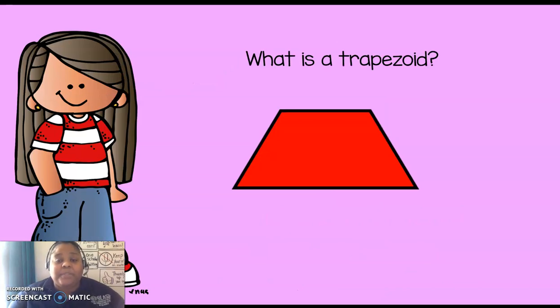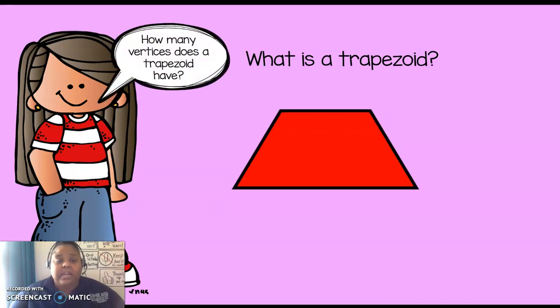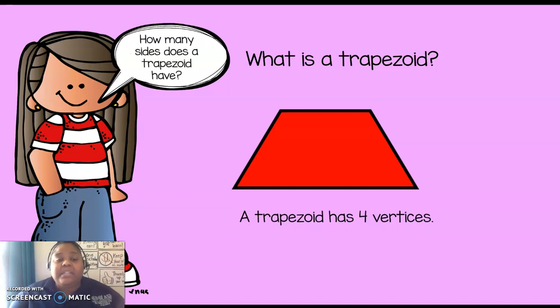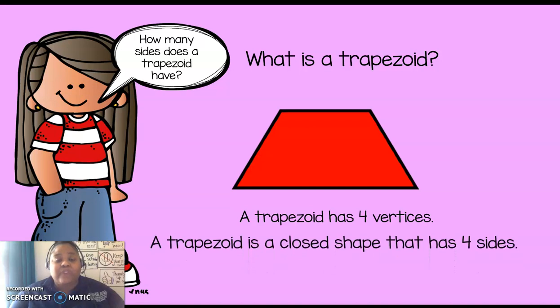What is a trapezoid? How many vertices does a trapezoid have? Count those vertices. A trapezoid has 4 vertices. How many sides does a trapezoid have? Count those sides, kings and queens. A trapezoid is a closed shape that has 4 sides. 1, 2.